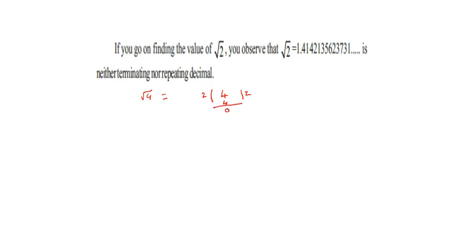That means 2 into 2. Okay. If it is 225, root 225, square root of 225, how do you find the square root of 225 in the long division method? You take 225 like this.